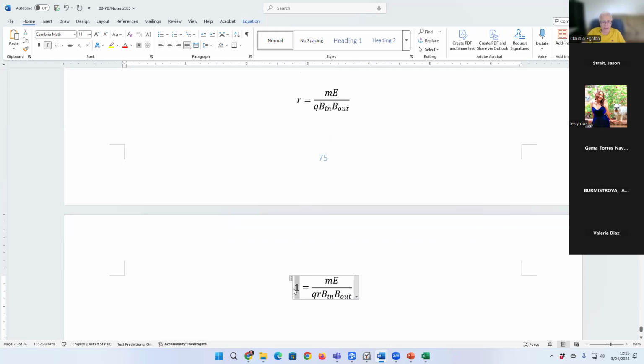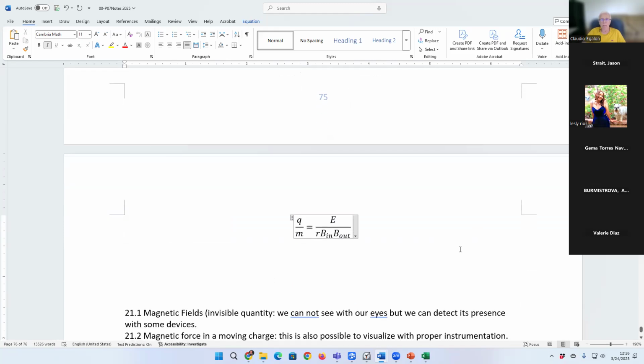Q goes to the left, M goes to the left. It is charge over mass, and we have this relationship here, okay?